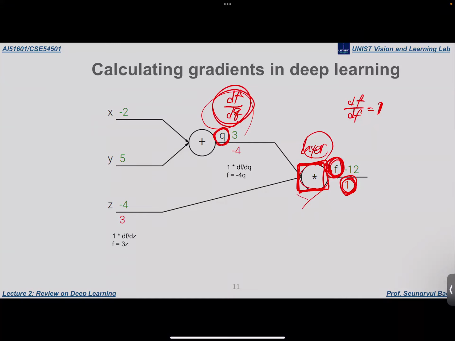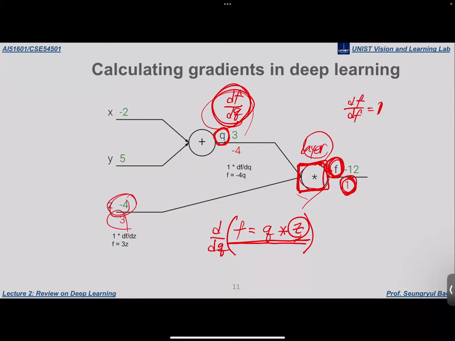And actually, when calculating this df dq, we need the original equation like this. When we differentiate this equation with respect to dq, z becomes constant. We can interpret z as constant, right? And it has -4 now.